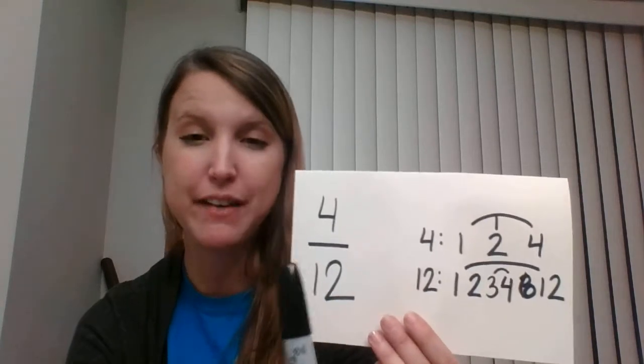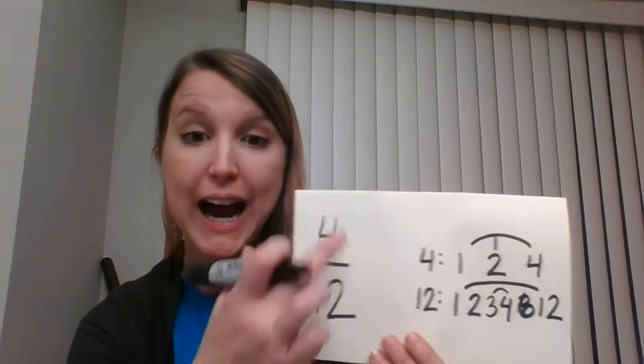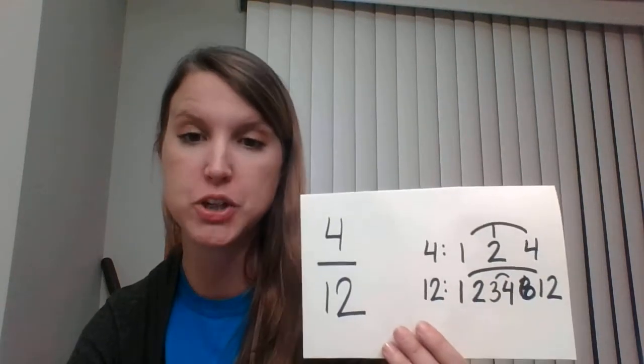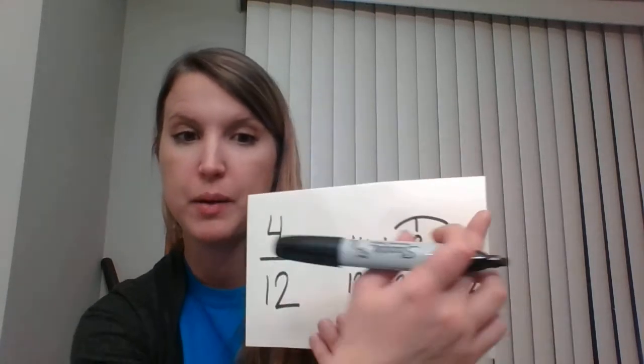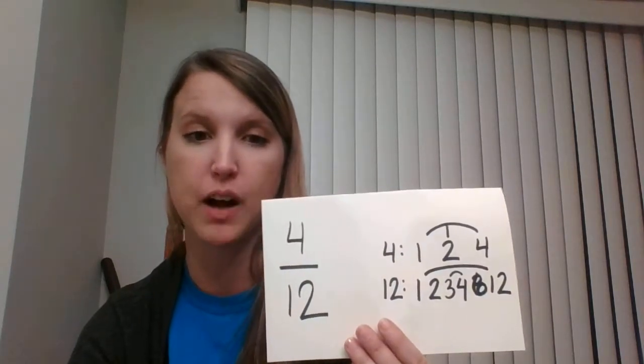Now, if I make a mistake and I decide, oh, 2 looks like my greatest common factor, I can certainly divide by 2. I'm going to get an equivalent fraction. It's not going to be in simplest form, okay? But let's look here. Looks like 4 is my greatest common factor. So I'm going to take 4/12 and divide by 4, which is my greatest common factor.